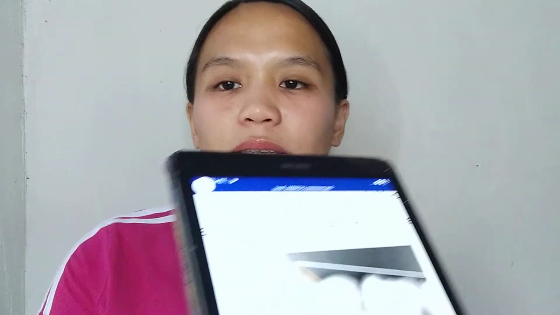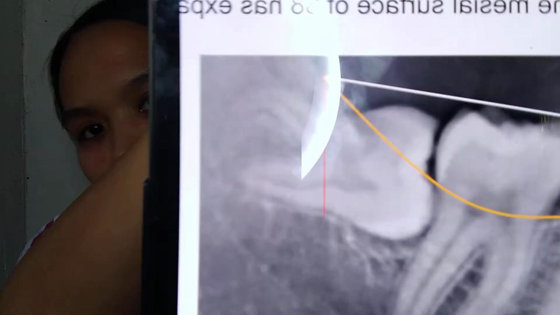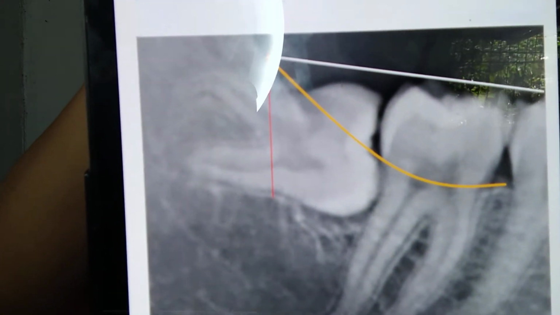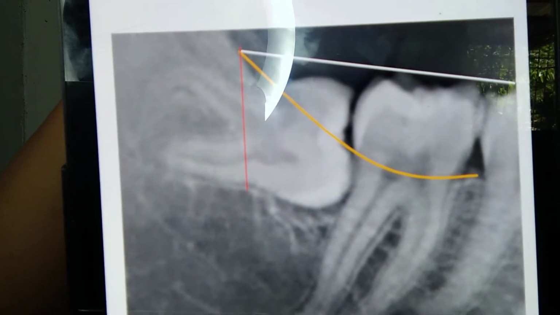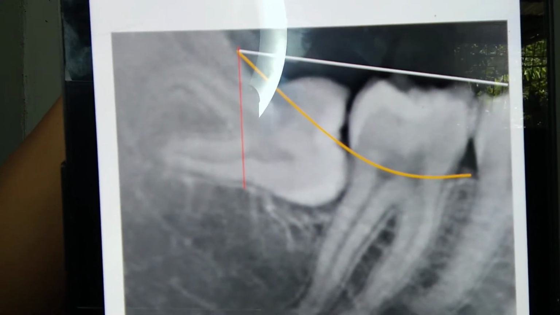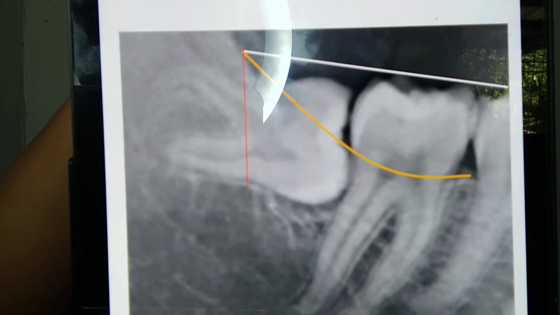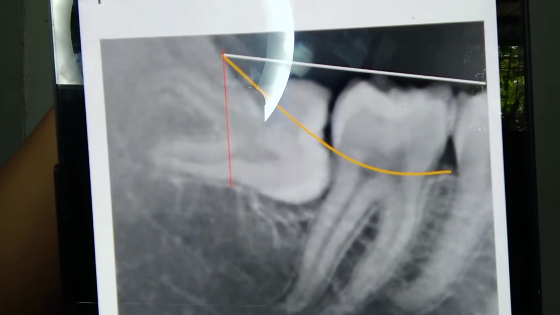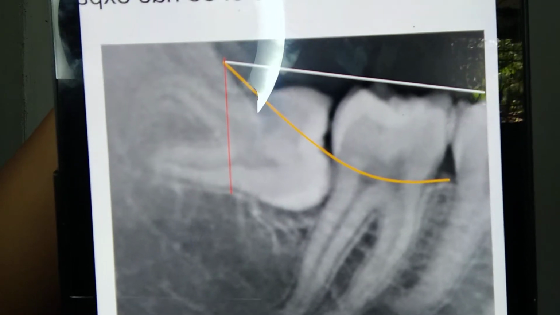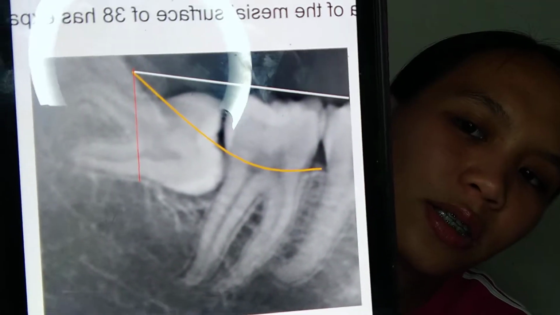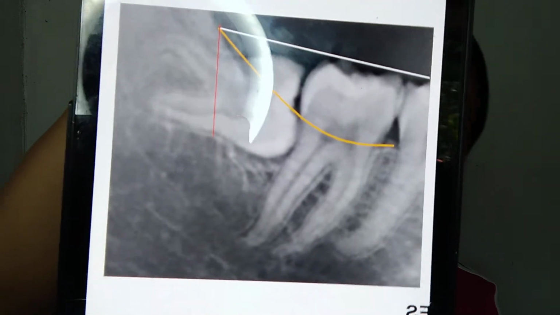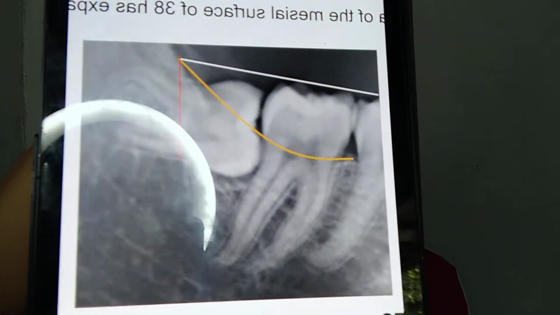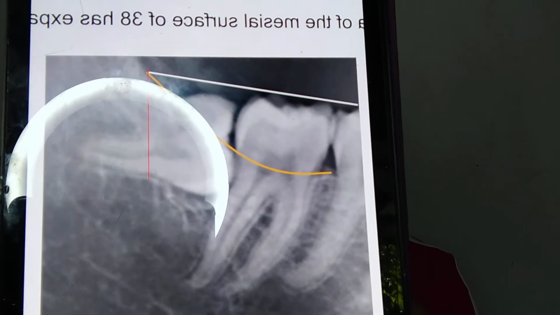Class 2, because, as you can see here on the radiograph, the distance between the second molar and the anterior border of the ramus is less, and the existing space is less than the mesiodistal diameter of the crown of the impacted tooth. It is a class A depth because the occlusal surface of the impacted tooth is at the same level as or a little below that of the second molar.